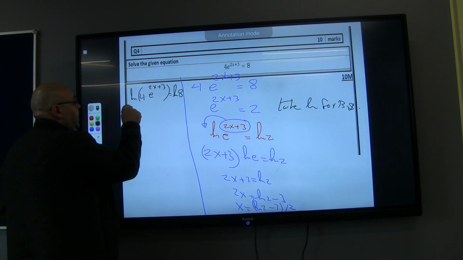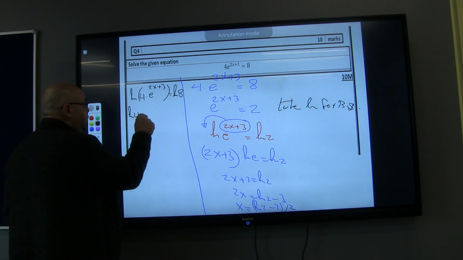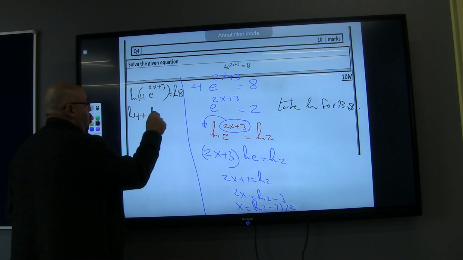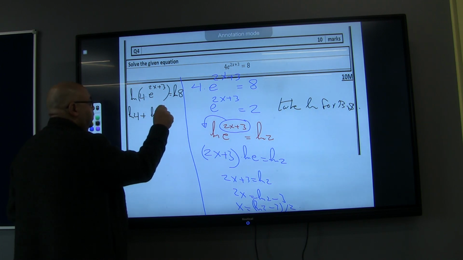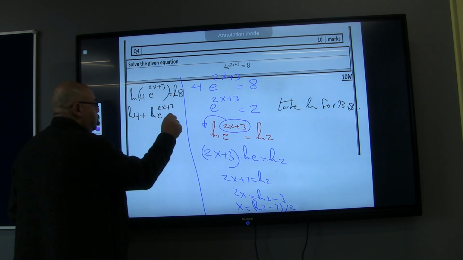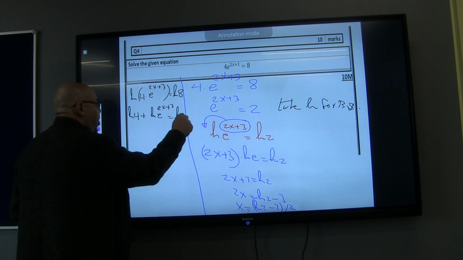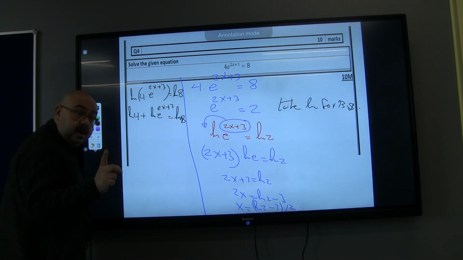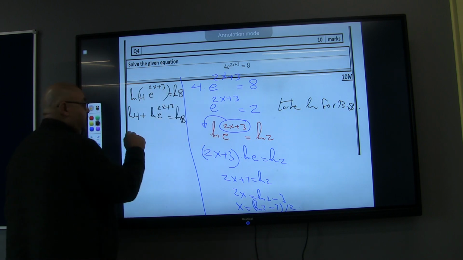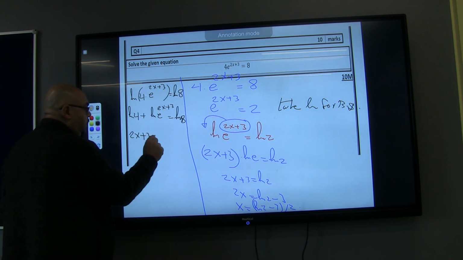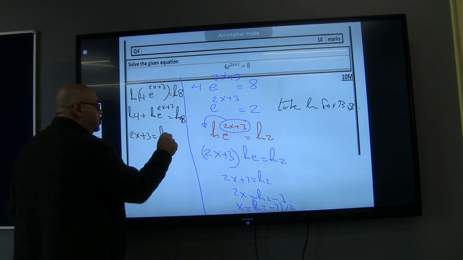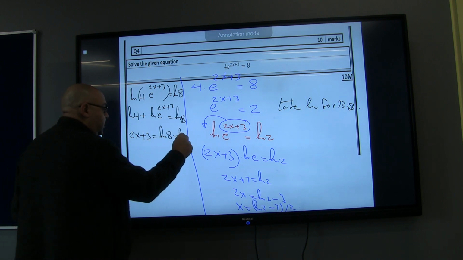So it should be done like this: ln 4 plus ln of e to the power of 2x plus 3, which is going to equal ln 8 on the other side. Then start to move ln 4 to the other side. So you will have 2x plus 3, which is simply going to equal ln 8 minus ln 4.